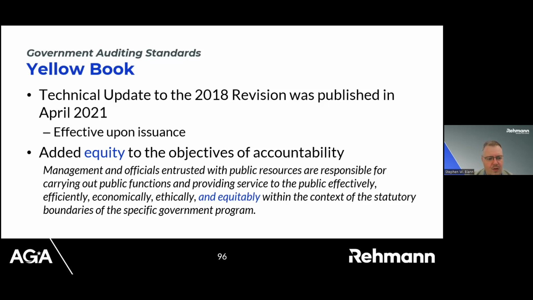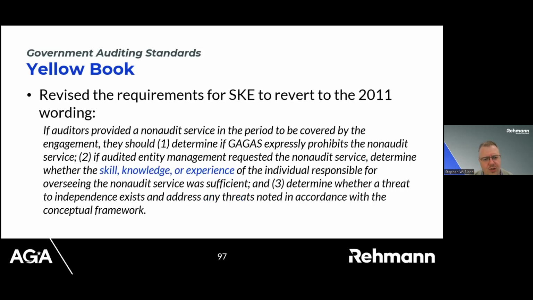Economical, we could argue, falls kind of under the heading of efficiency, but ethical provisions and equitable provisions, kind of as a subset of ethics, have been added. So the federal government really wants to see its programs run in a way that is fair and equitable to all concerned.